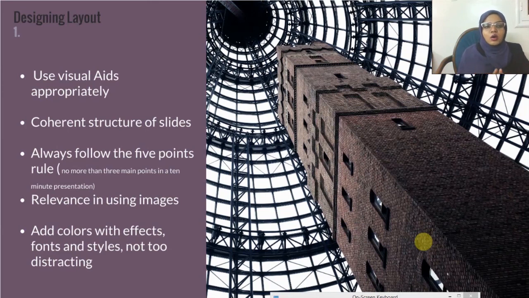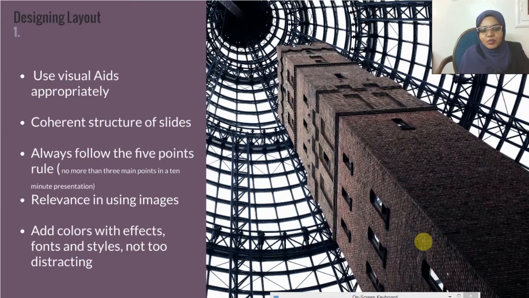Also when using visual aids, you watch for relevance in using images. It will help the audience to remember the things you already said. Sometimes it doesn't have to be very direct images like the one I'm presenting here.